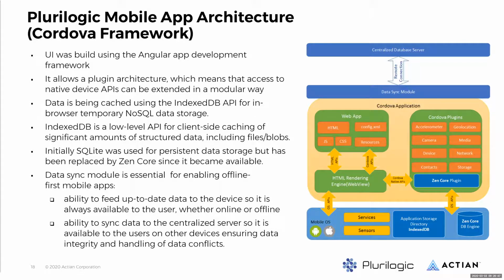Right under it is the web view. The web view is the HTML rendering engine that provides the application with its entire user interface. We can also mix WebView with native application components. So this way we can build hybrid applications.